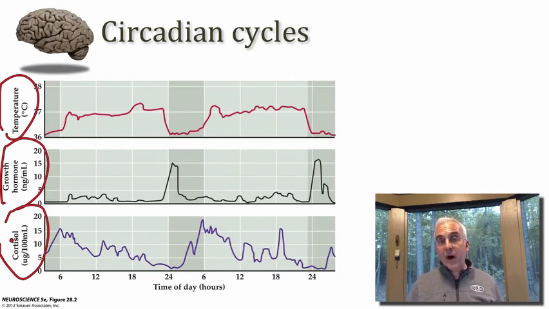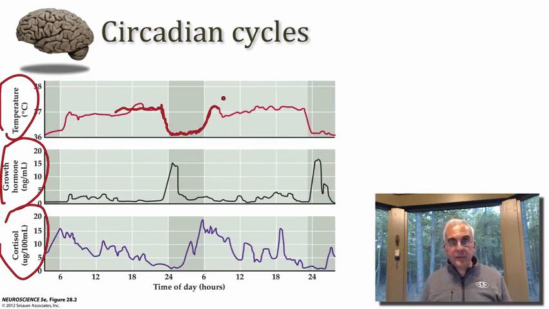Body temperature begins to fall just about the time that we begin to approach our usual bedtime. And body temperature is basically bottoming out during our sleeping time, and then it begins to rise close to the time that we are normally awake. So this is pretty good evidence that perhaps sleep has something to do with thermoregulation.